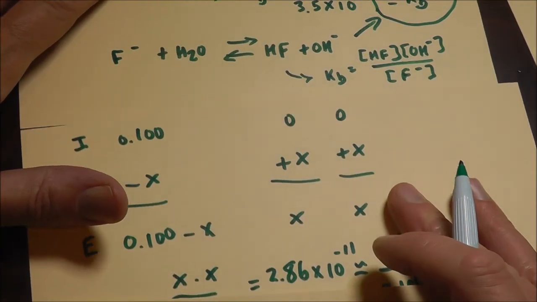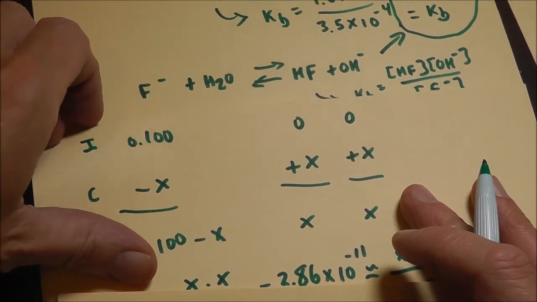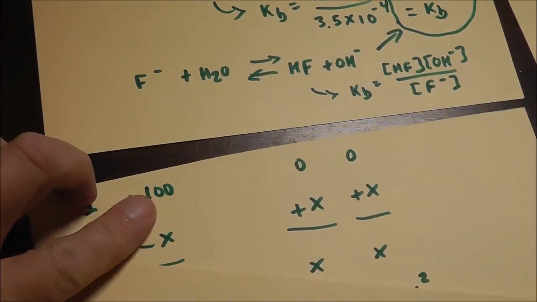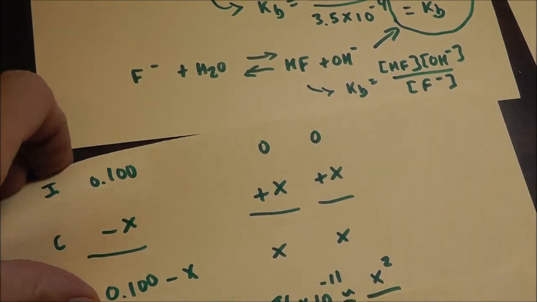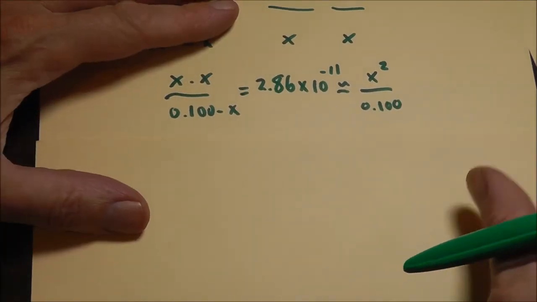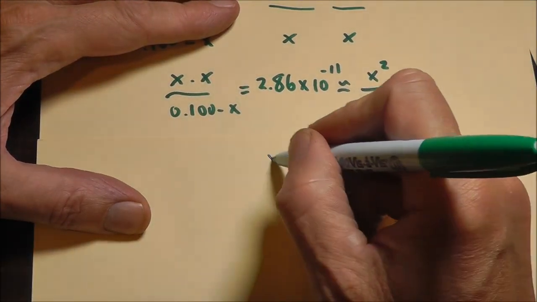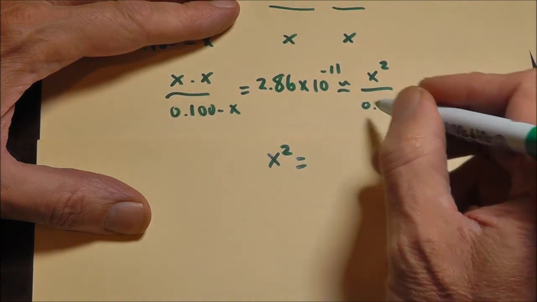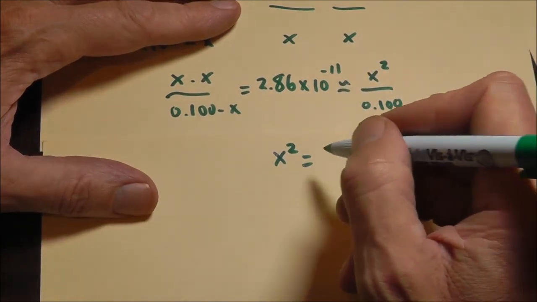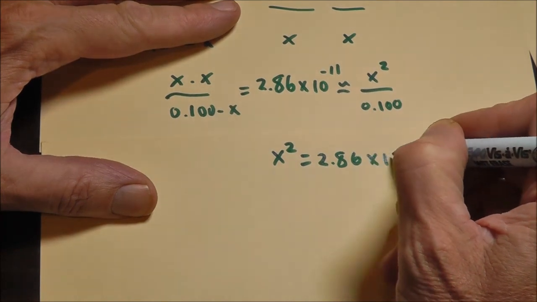X meant the OH minus concentration. You've got to keep that in mind. It's a base, right? So here we go. X squared equals 0.1 times 2.86 times 10 to the minus 11, which is 2.86 times 10 to the minus 12.